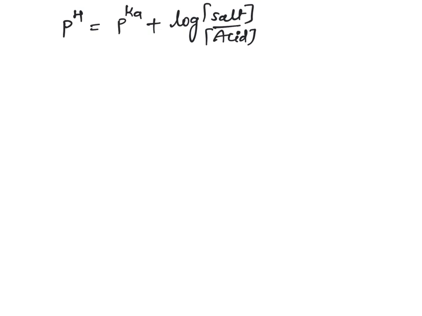So the pH expression for an acid buffer solution is pH equal to pKa, the acid dissociation constant, plus log of the numerator salt concentration by acid concentration. So this is the expression for an acidic buffer.